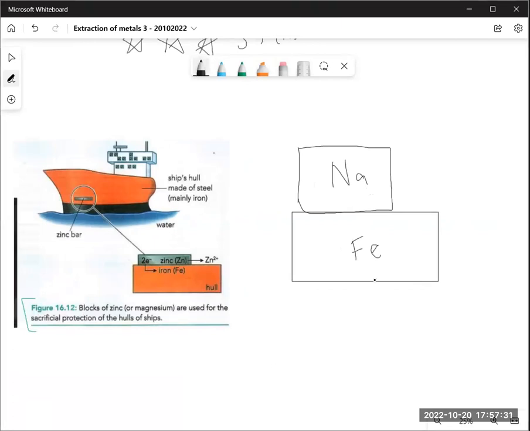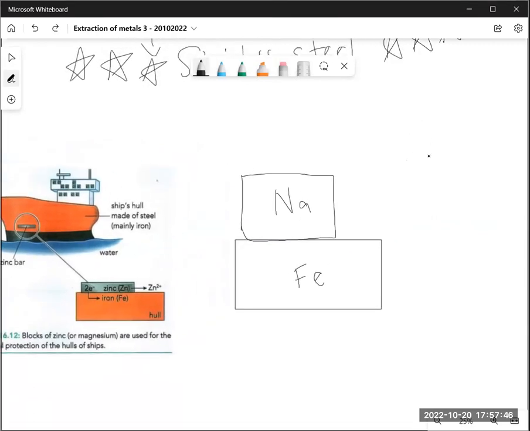Which is more reactive, Safa, between sodium and iron? Sodium is more reactive. It's group 1, and group 1 metals are the most reactive. Based on the reactivity series, you'll realize that sodium is up there.